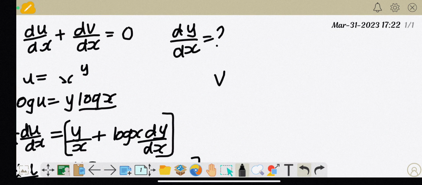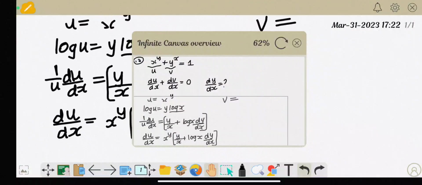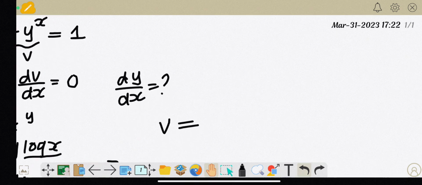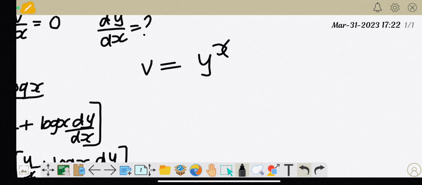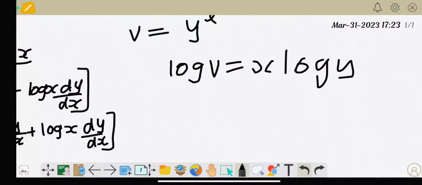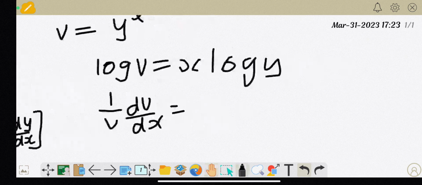So what is v in this question? v is y to the power x, correct? So y to the power x. Now apply log on both sides. Then differentiation of log v is 1 by v dv by dx. Here you have to apply product rule, first into differentiation of second.